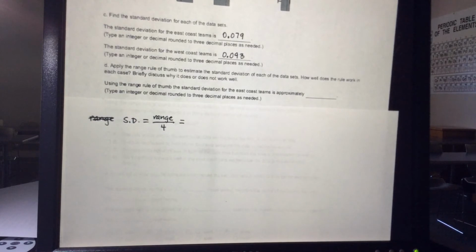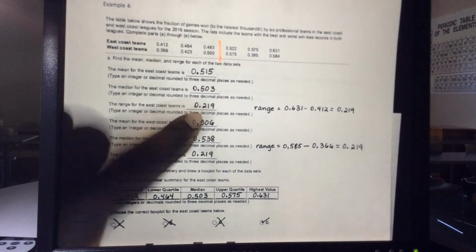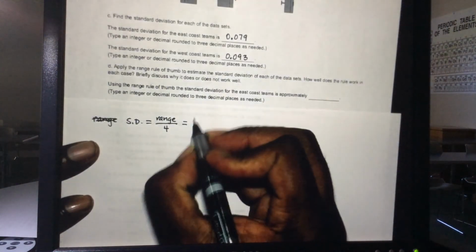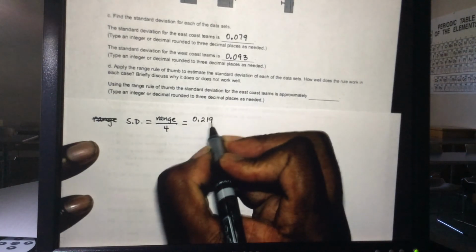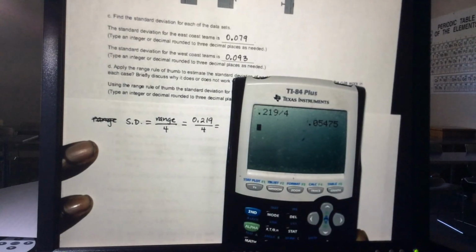Now going back to Part A, the range of the East Coast teams was 0.219. So I take 0.219, divide that by 4. I'm going to get this number right here. To 3 decimal places, it'll be 0.055.